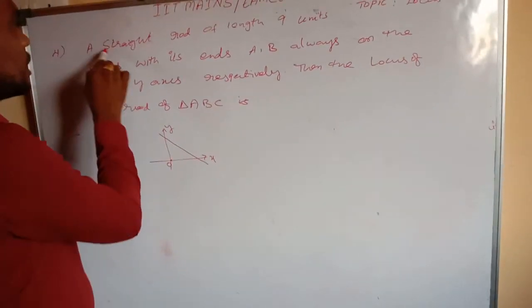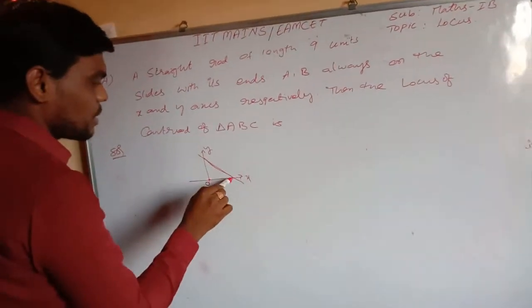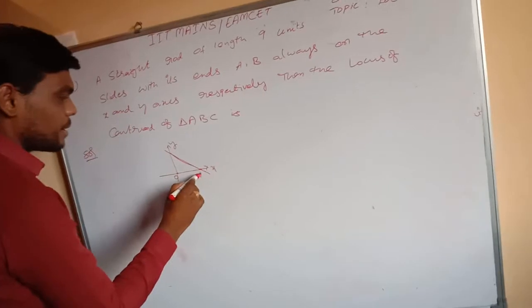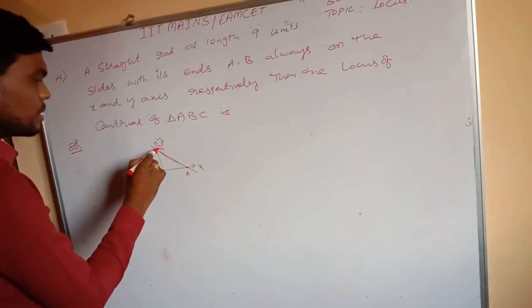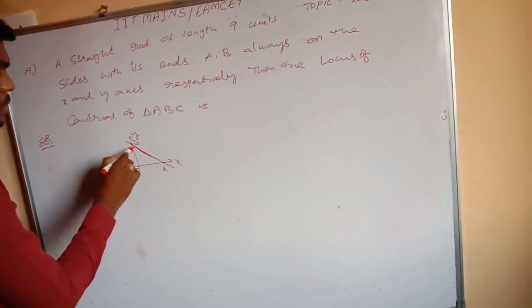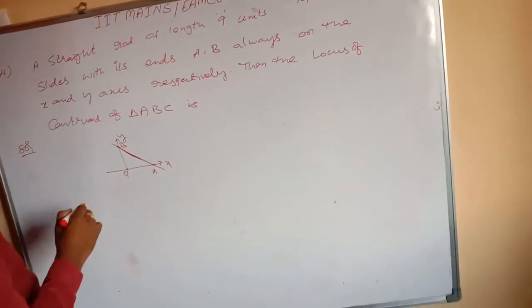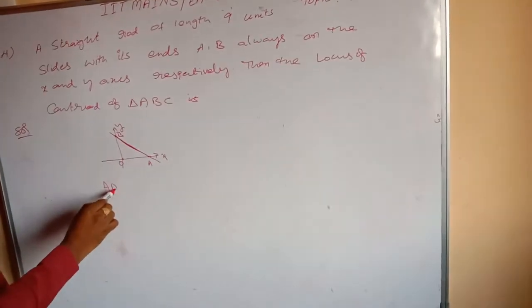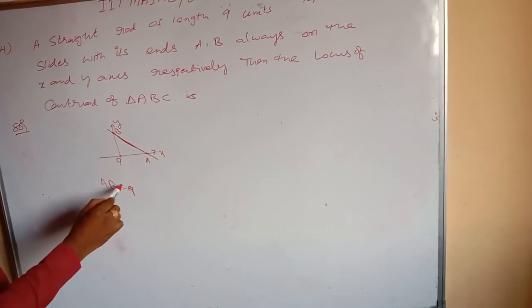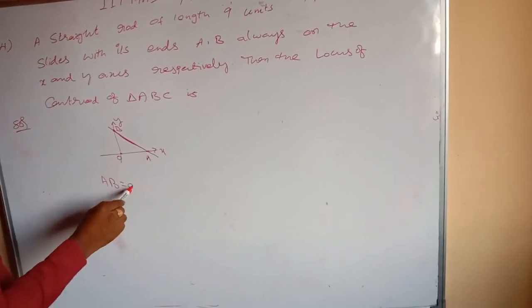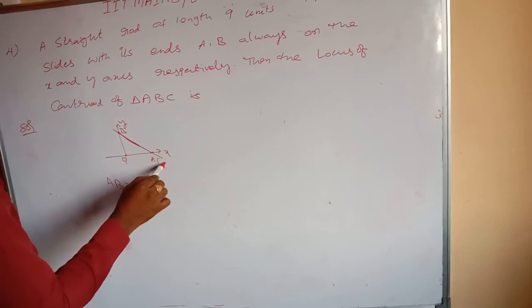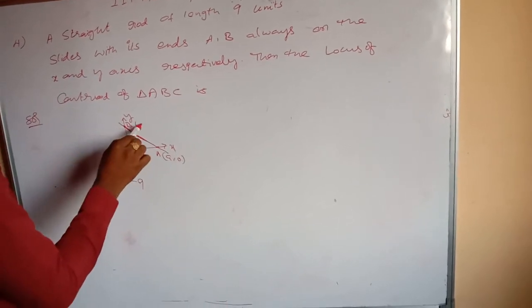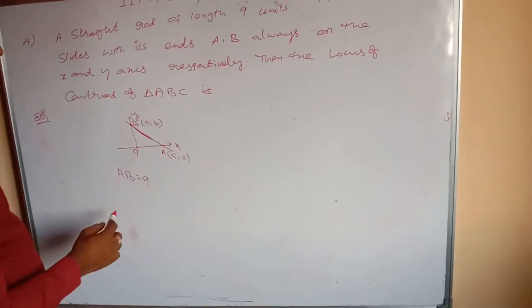Now a straight line of length 9 units: this is A and this is B. The length of AB is 9 units, the rod slides. The coordinates are A(a, 0) and B(0, b).